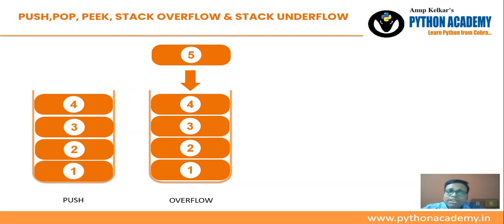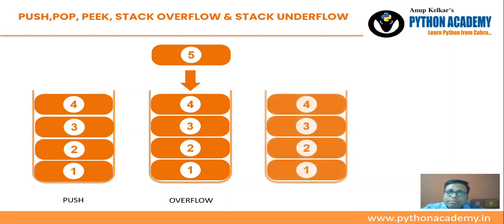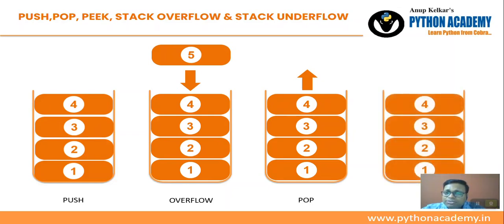Then suppose I want to perform a remove operation, then this operation will be termed as pop. Let us see how. I am going to remove it. First of all, as we have seen, the last in will be first out. So I am removing it one by one.